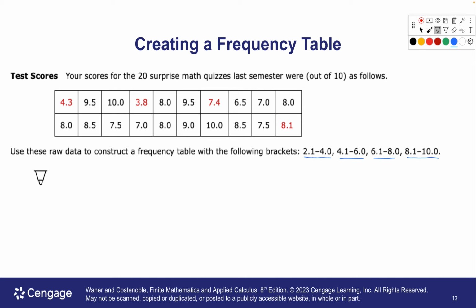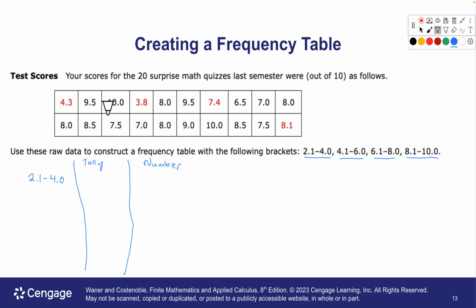So we set up a table, and our data is between 2.1 and 4.0. We're going to count how often that occurs. Often we could set up a place for a tally and then a number, or you could jump right to the numbers.